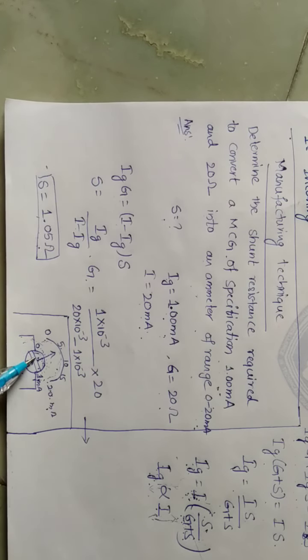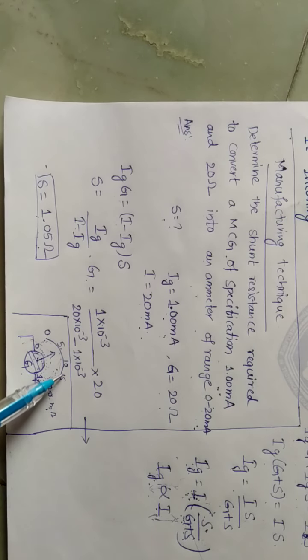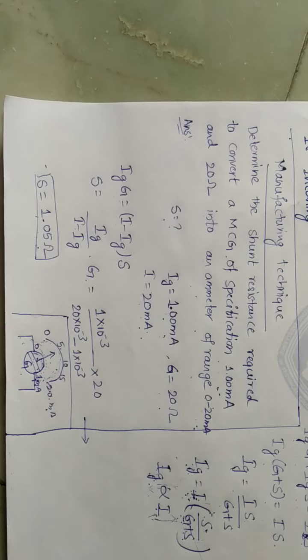When current is allowed, the pointer slowly deflects, and at 1 milliampere, the maximum deflection, it shows 20 milliamperes on the scale. In this way, the manufacturer converts a galvanometer into an ammeter capable of measuring large current without affecting the galvanometer's sensitivity. Thank you.